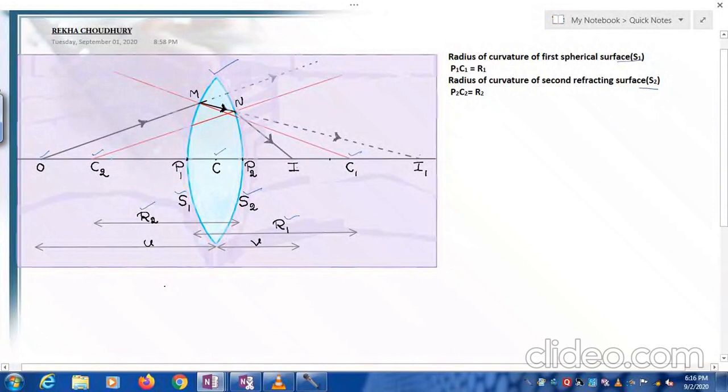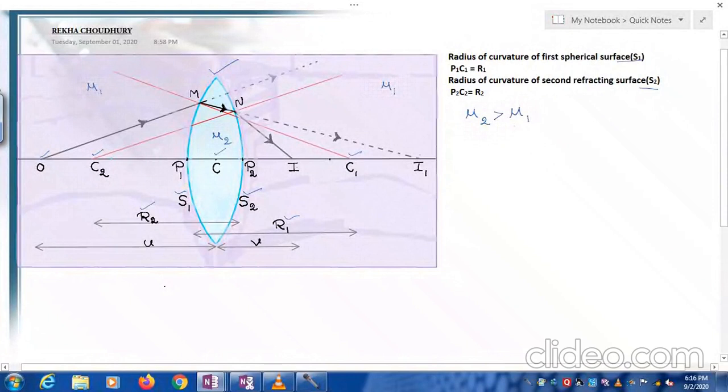Now here let the refractive index of this lens be mu2 and the refractive index of this outer medium be mu1, so that the refractive index of the lens is more than that of the outer medium. Basically this outer medium is taken as air, but here we have taken any medium having refractive index mu1.